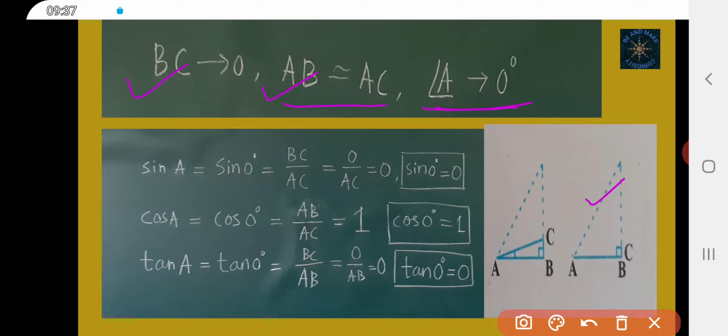Now you find the trigonometric ratios of 0 degree. So sin A, angle A is 0 degree, suppose. Then you know P by H. Here P is your BC and H is your AC.